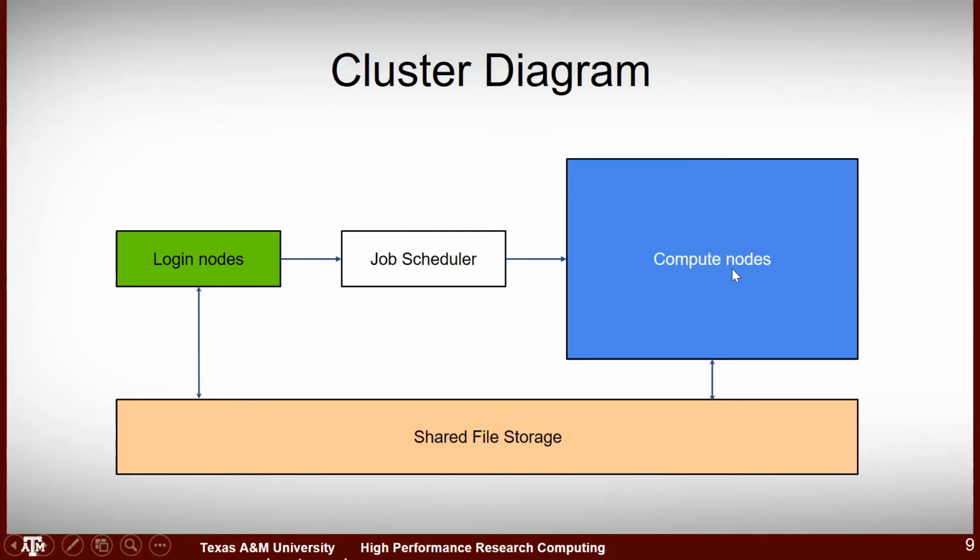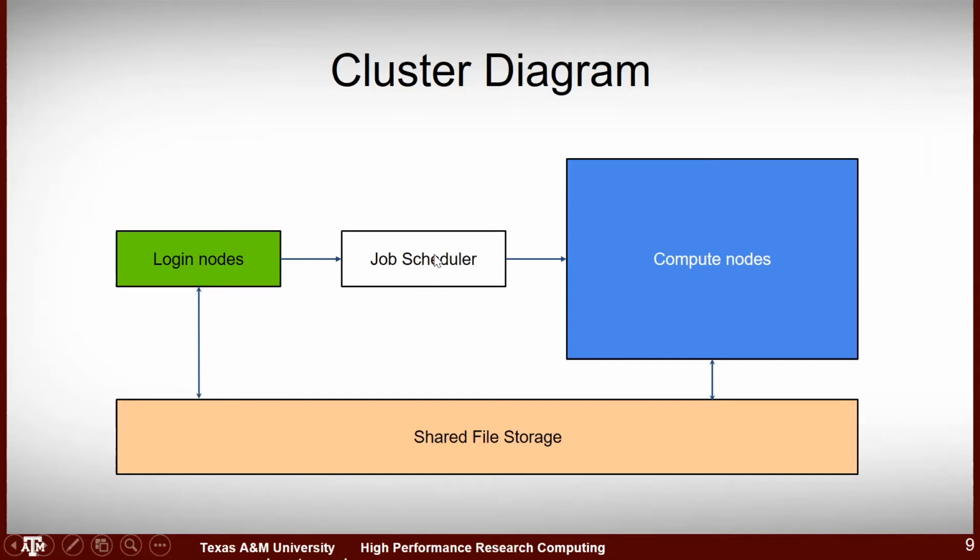And then if you want to give instructions to a compute node and walk away, the way that we handle that is we have a scheduler. You do this on a login node. You create your instructions, you give them to the scheduler, you walk away.